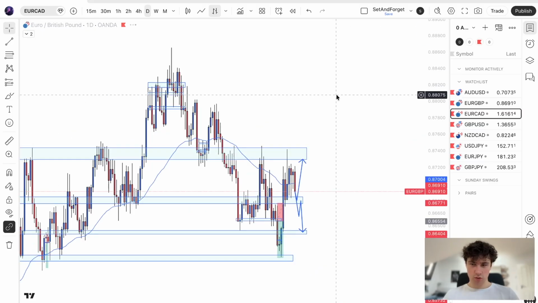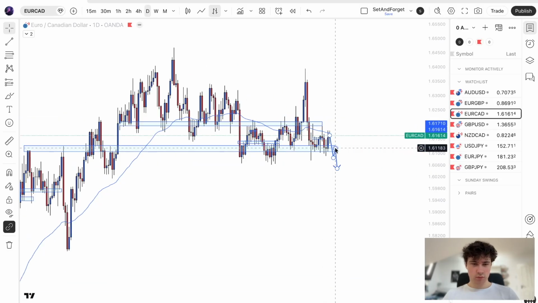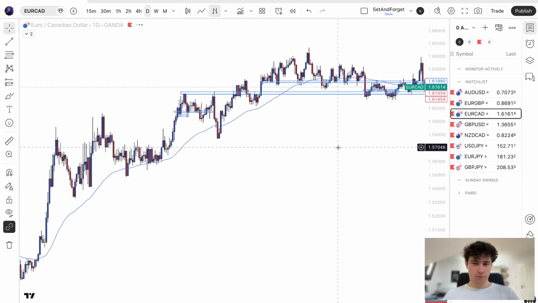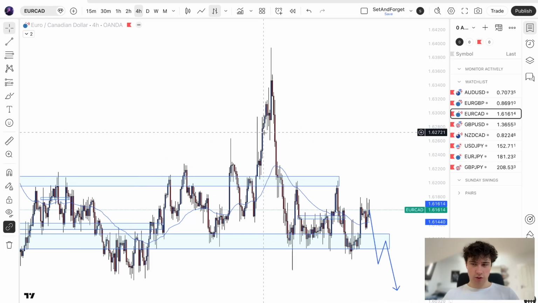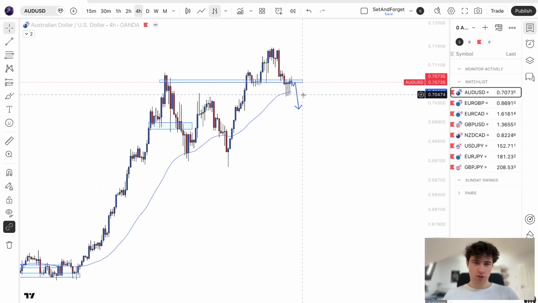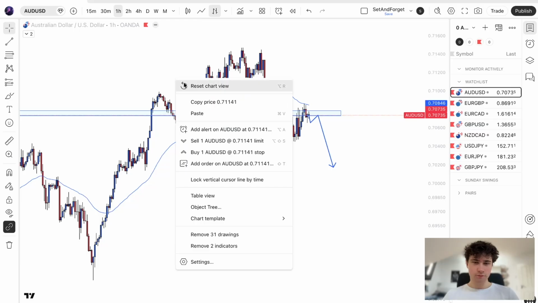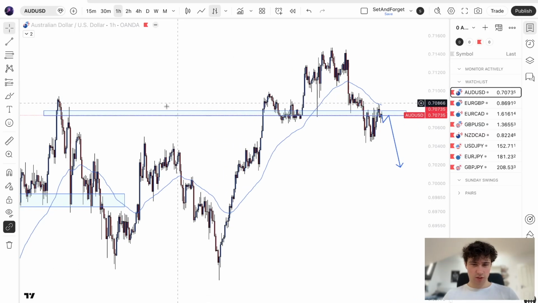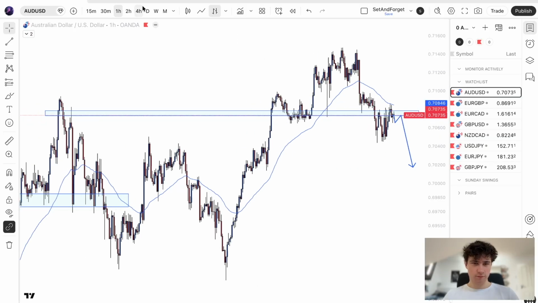And then the EUR-CAD, EUR-GBP. They're not the cleanest, but they do look like they could offer some opportunities. AUD-USD is just a degenerate high risk trade, but it does look good on the lower time frame, so maybe only a day trade.